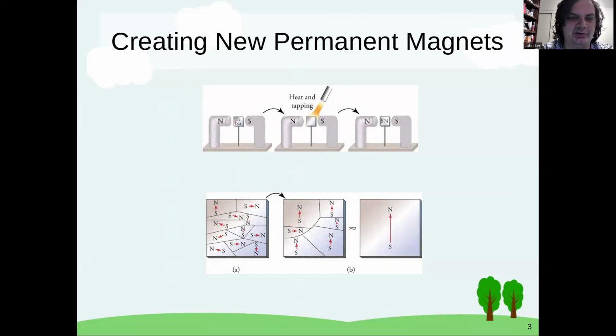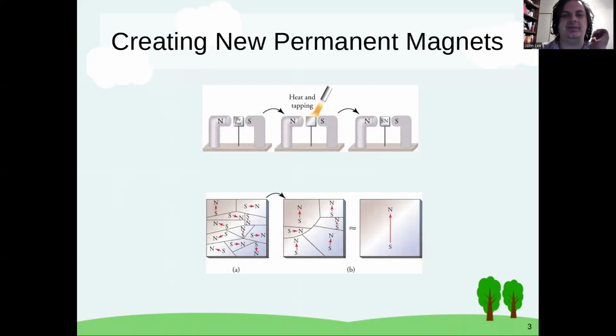Mono means one, di means two. So these are all dipoles, and each magnet that you're going to come across is going to have a dipole, but not a monopole.